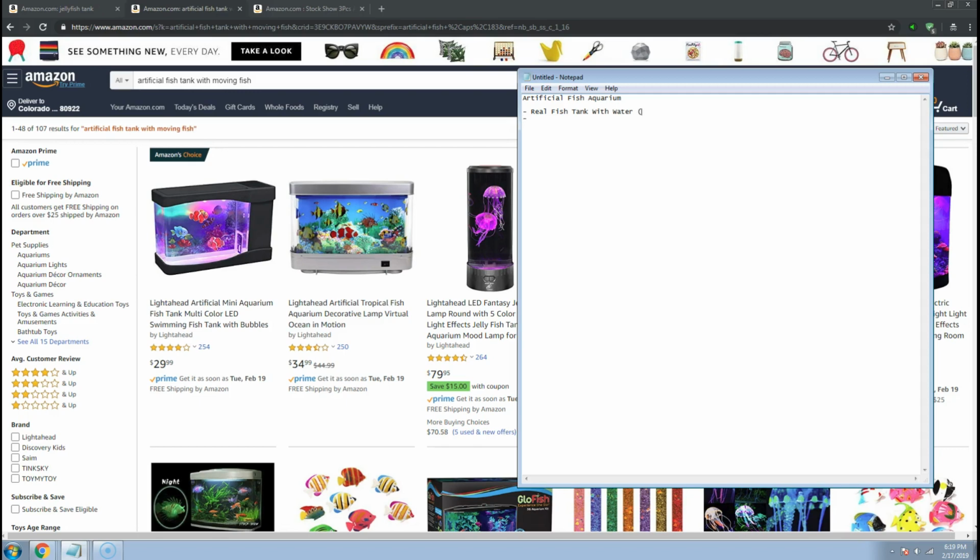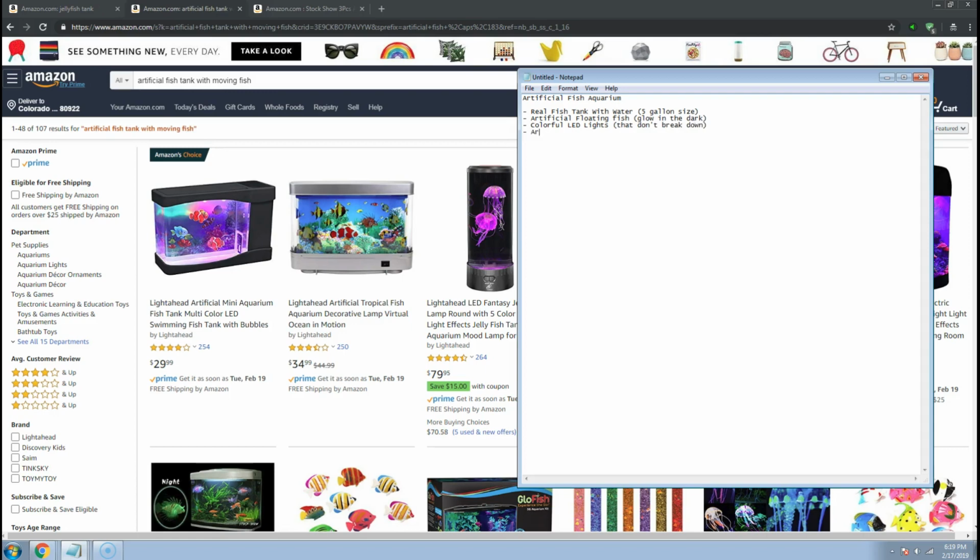It doesn't have to be big. You're going to be looking for artificial floating fish. And ideally they glow in the dark. So that looks really cool. You're going to be looking for colorful LED lights. And really, that don't break down.